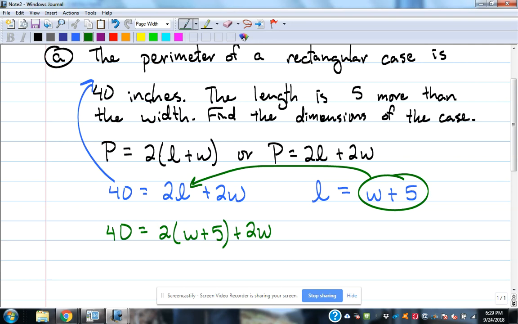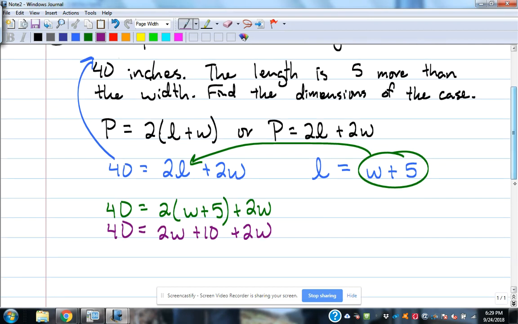What do I do to solve that for W? There you go. Now what?